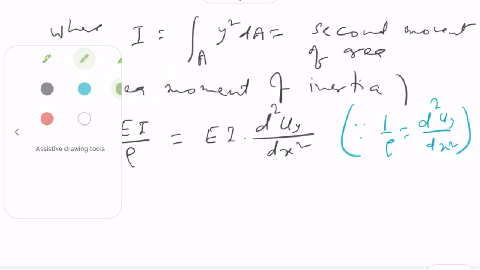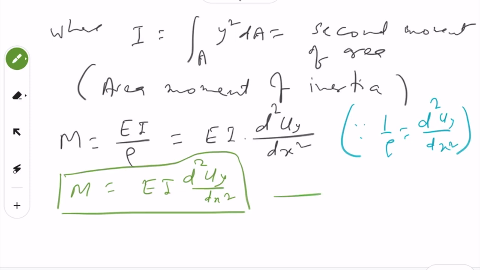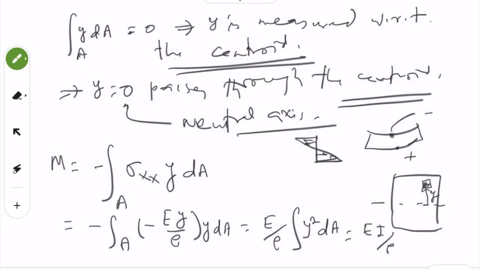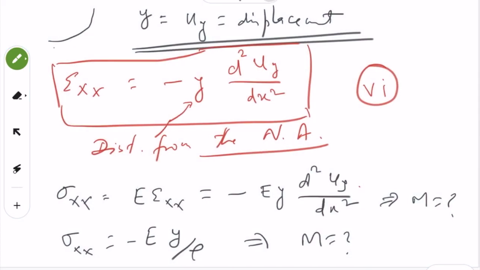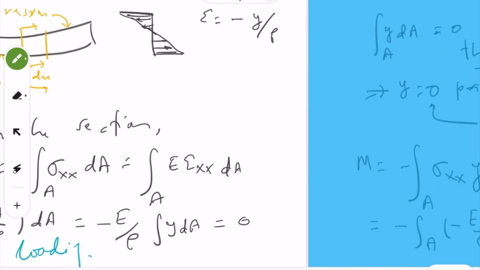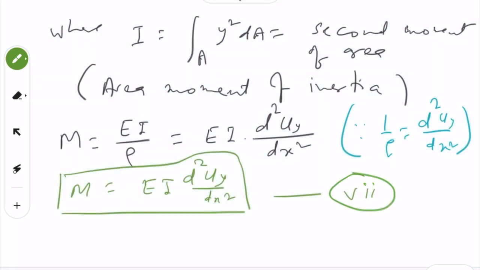We got this equation: M equal to EI d square uy over dx square. Let's call it equation number 7; 6 is there, but not 7.